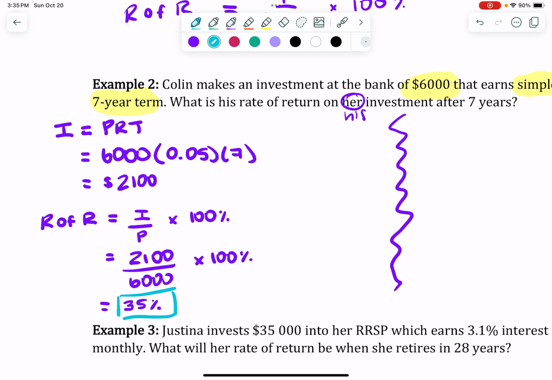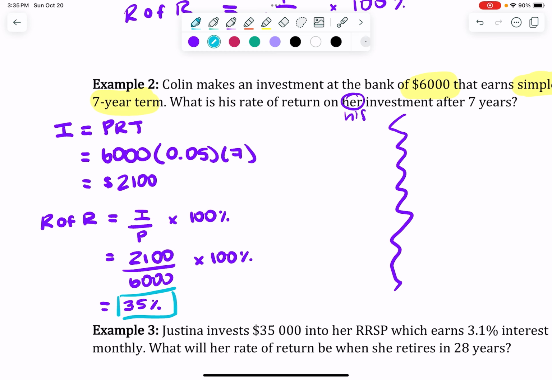If I'm calculating a rate of return over a really long span of time, or if I have a really high interest rate, it's possible that my rate of return can be over 100%. A rate of return of exactly 100% means that the dollar amount of interest I earned is equal to the amount I've put in.